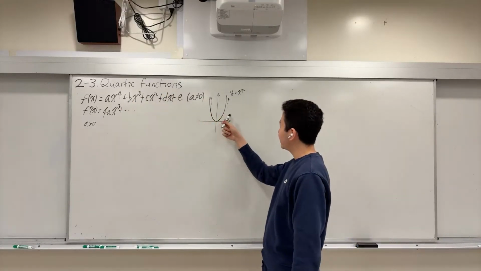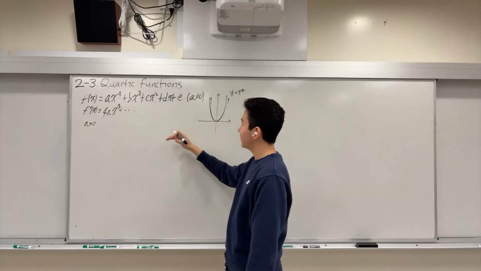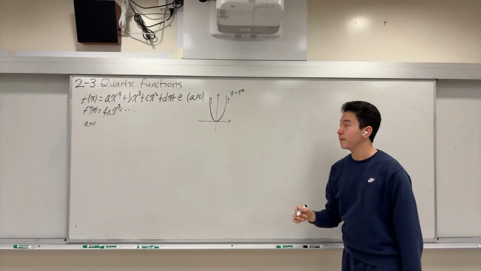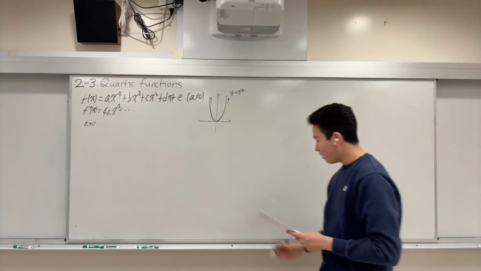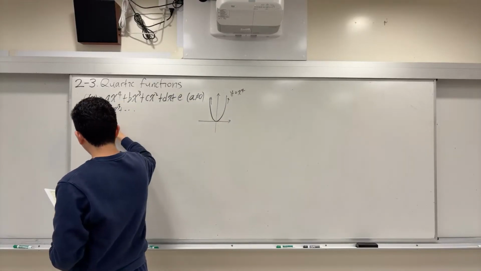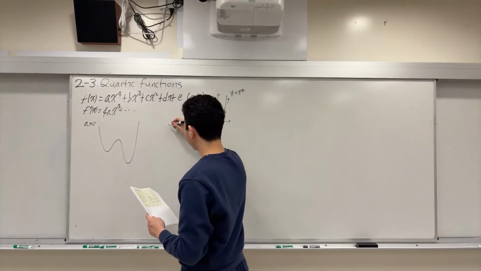And as you can see, the default is that when we go to infinity, this goes to infinity. When we go to negative infinity, since the power is even, the function will go to positive infinity once again. So I'll show you the 4 different types of quartic functions. This is the first type.